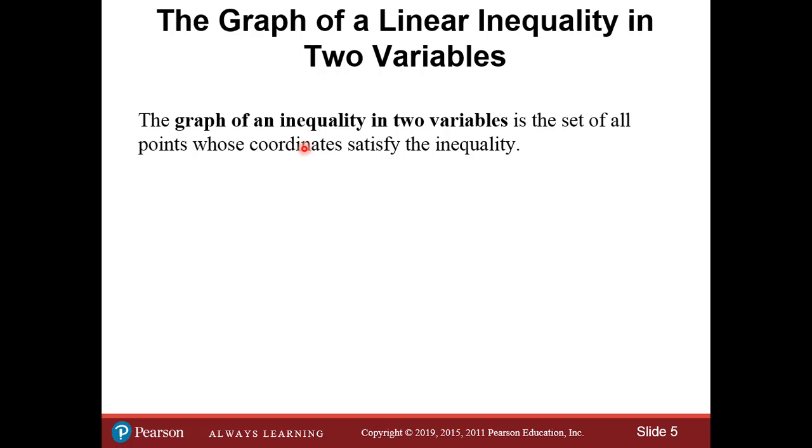The graph of an inequality in two variables is the set of all points in the coordinate system, all coordinates that satisfy that inequality. So again, the equation of a line was all the points on the line.